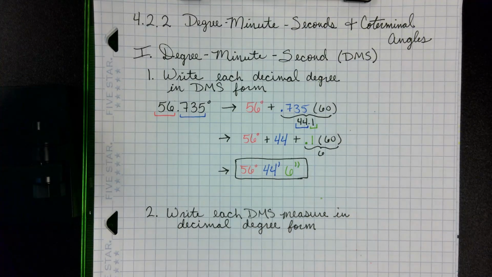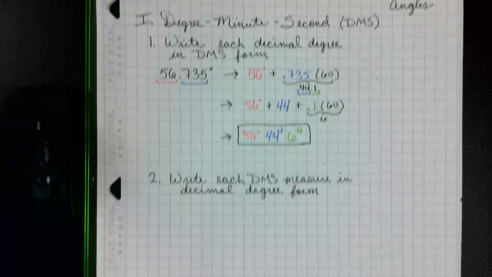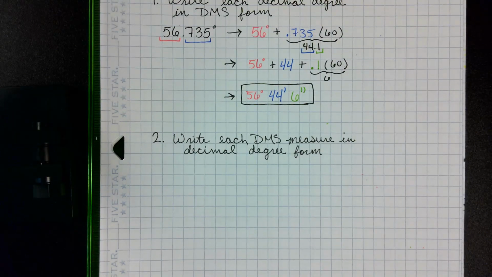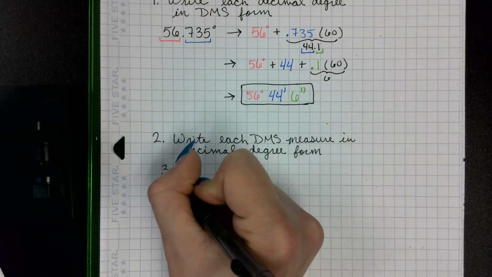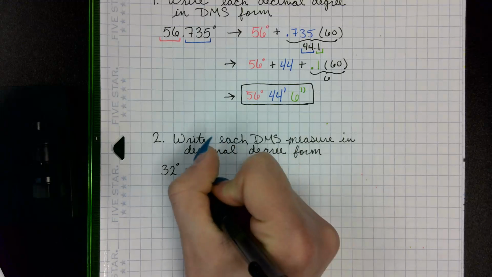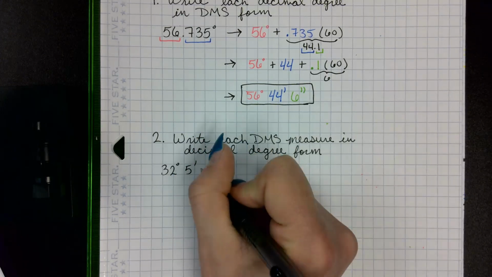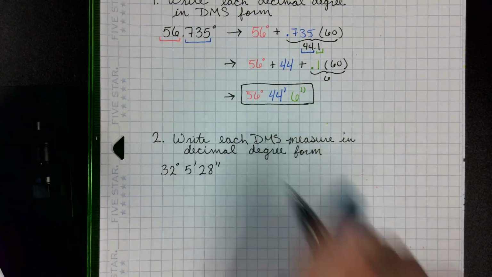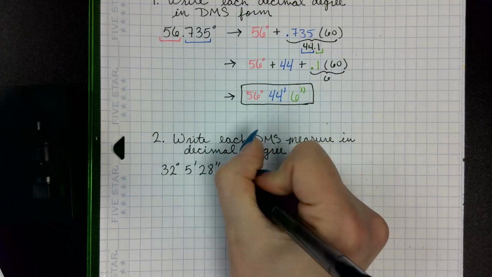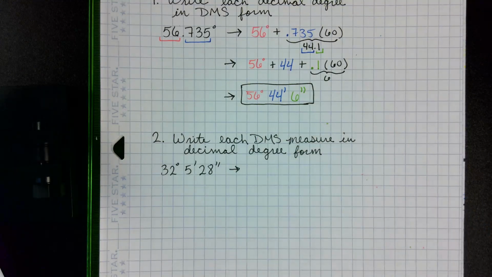So then if I want to go the other direction with this, and I want to write each DMS measure in decimal degree form. So for this one, if I had 32 degrees, 5 minutes, and 28 seconds, and I want to turn that into decimal degree form, I'm going to go reverse of what I did in the last one.